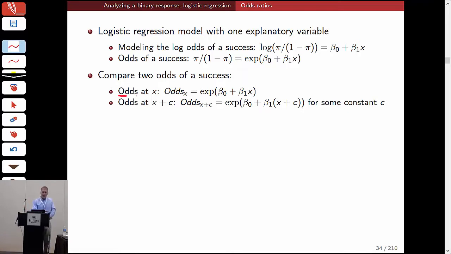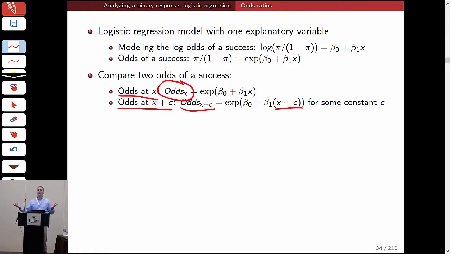So the odds at a general distance, which we'll just call x, I'm going to denote as Odds_x. Then the odds of success for a c unit change in x is Odds_{x+c}. Notice how I put the x plus c in there where we just had x before.